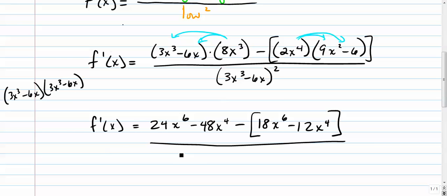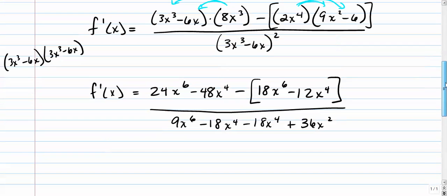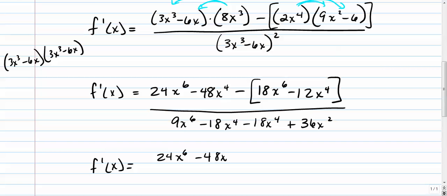So we have 9x to the sixth minus 18x to the fourth minus 18x to the fourth plus 36x squared. Simplify a little bit more. F prime of x: the numerator is 24x to the sixth minus 48x to the fourth minus 18x to the sixth plus 12x to the fourth.